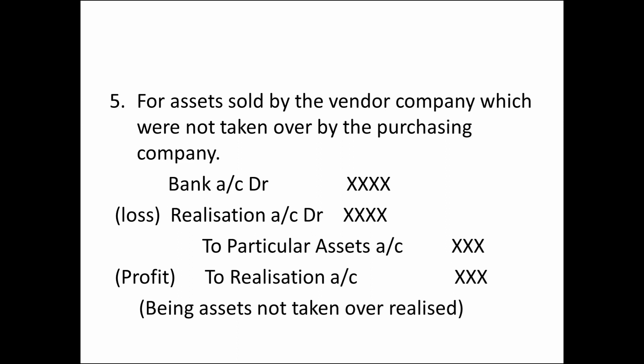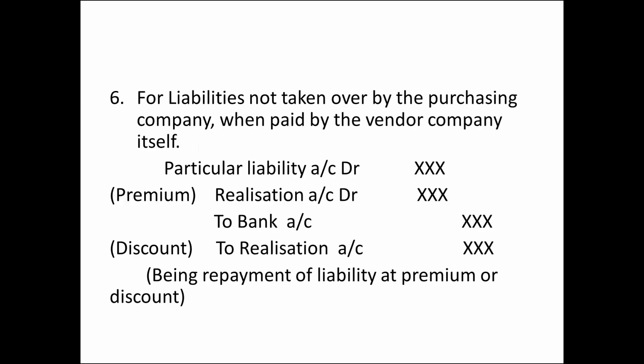Why? Because you have made a profitable sale of that asset. Right? What is happening here? The asset which has not been taken over by the purchasing company is sold by the selling company itself, and the amount is realized by the selling company itself. For this you have to post this entry, that is entry number 5.